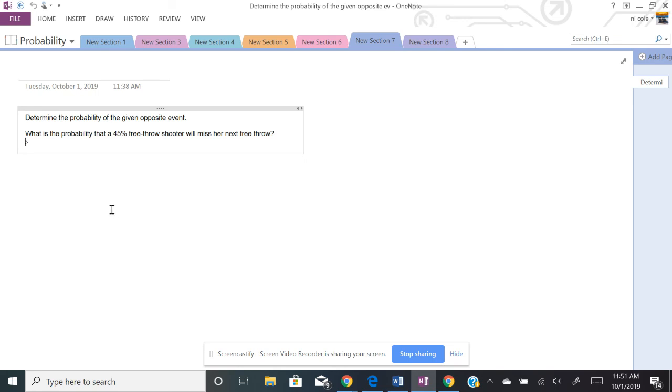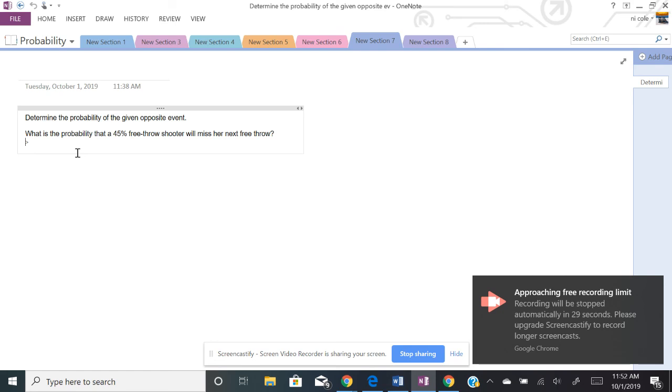All right, let's look at this one. Determine the probability of the given opposite event. What is the probability that a 45% free throw shooter will miss her next throw? So 45% of the time, if I asked you what's the chances of her making the next throw, you would tell me 45. But I don't want the 45.